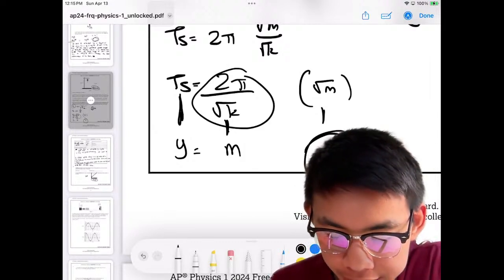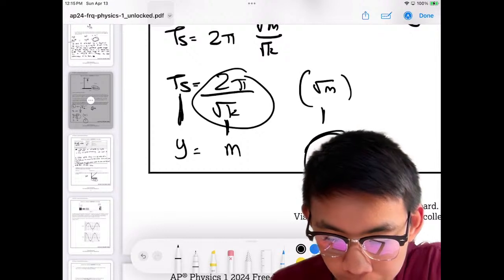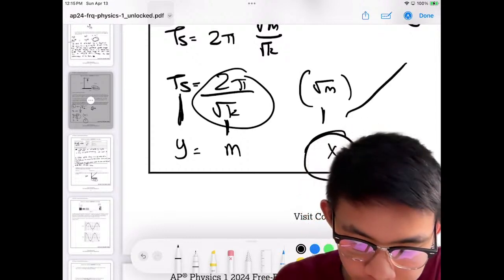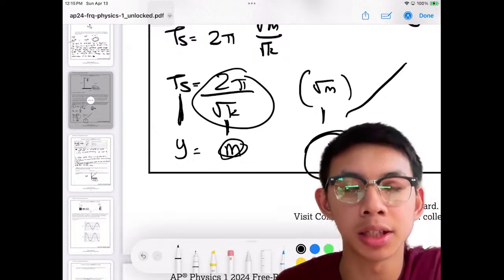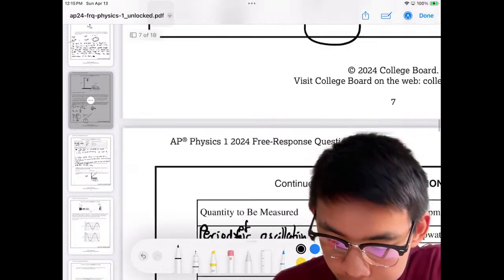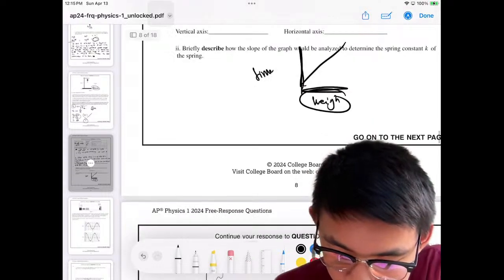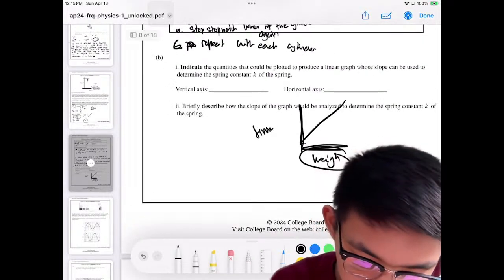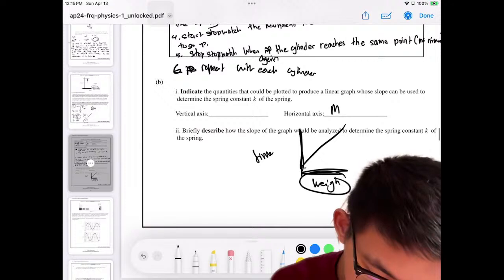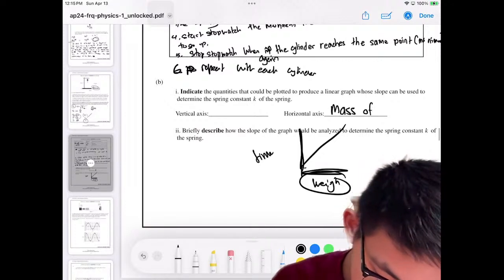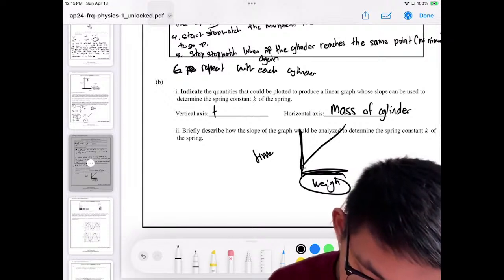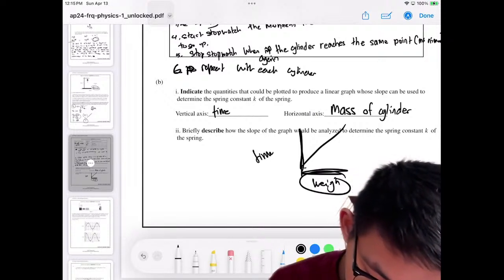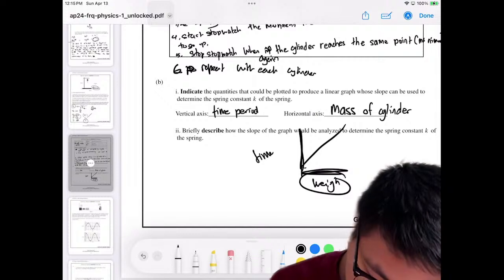I can manipulate the slope I get to find my k. Okay, that makes sense. My horizontal axis is going to be the weight, mass of the cylinder, and my vertical axis is going to be time, period of oscillation.